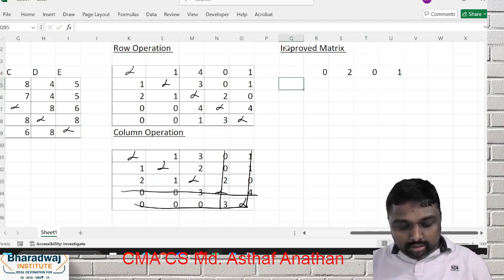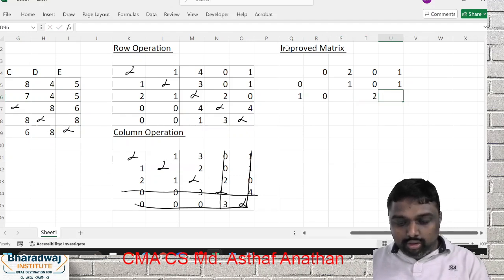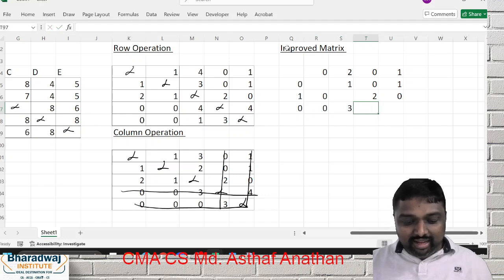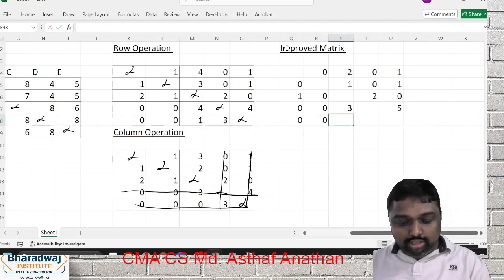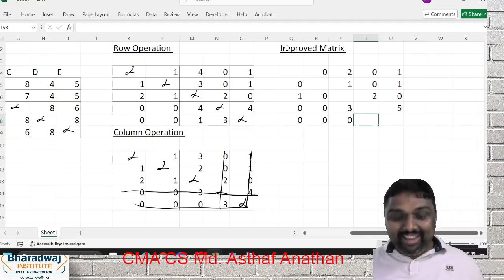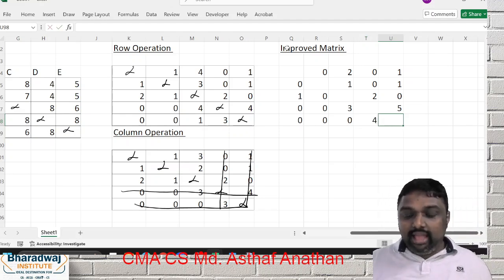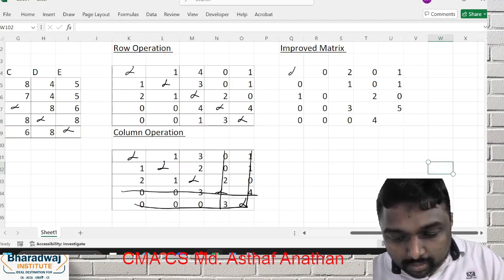Here it will be 0, 1, 0, 1; here 1, 0, 2, 0; and here 0, 0, 3. There it is infinite, so it will not change. Here there is an intersection point, so you add and get 5, 0, 0, 0. Here also an intersection point, so 3 plus 1 gives 4. Here it's an intersection point but infinite, so it will not change.